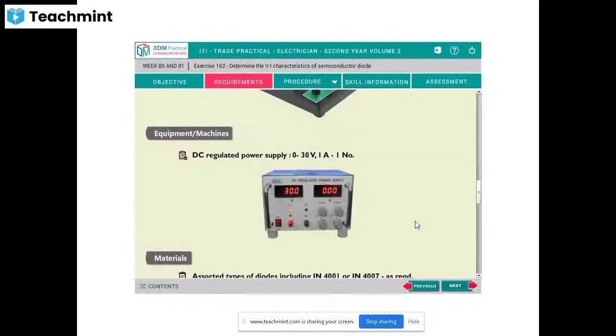Equipment and machines: DC regulated power supply 0 to 30 volt 1 ampere 1 number.